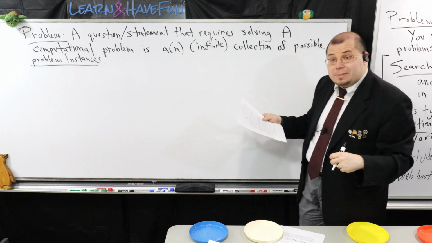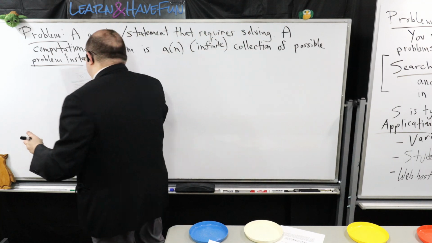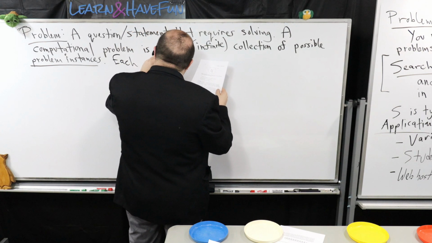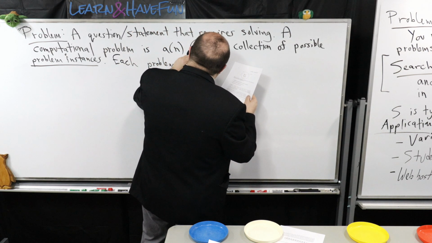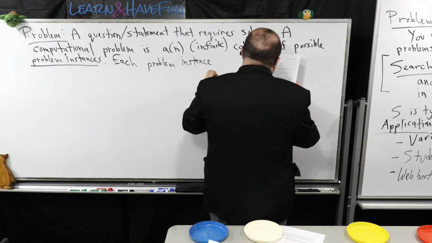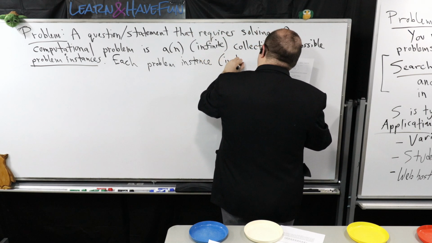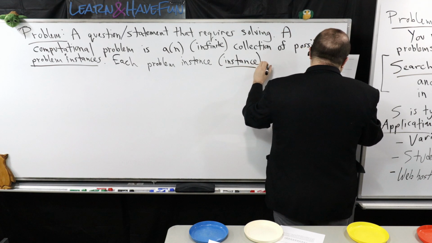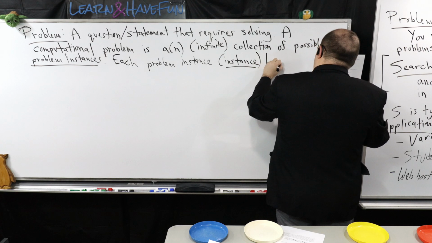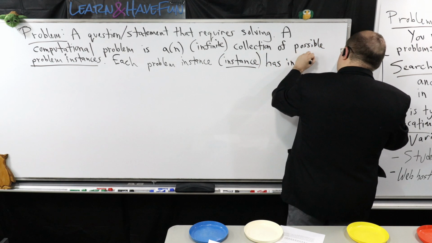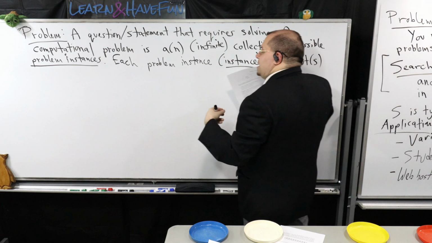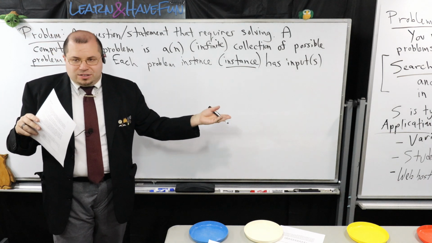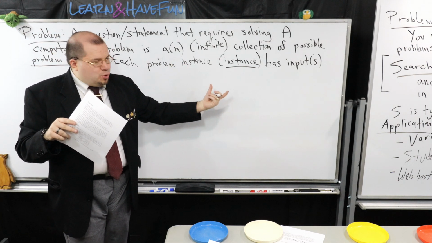So I've got to tell you what a problem instance is, or what I'll just refer to as an instance. Each problem instance, or just instance, has inputs, potentially one or more, which if I ever need to delineate between it and its solution, I'll usually refer to as the input instance.